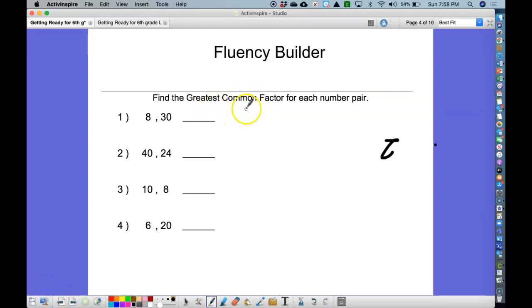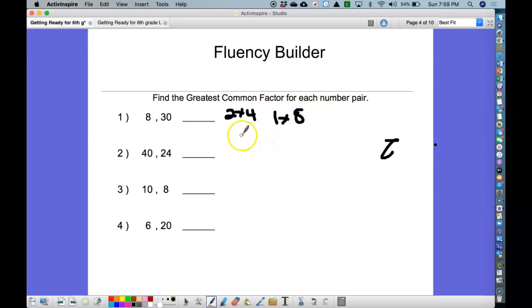So how do I get 8? I can get 8 by doing 2 times 4, and we can also do 1 times 8. We're not going to use the 1 factor, but I am going to write it down here so that we have the 8.